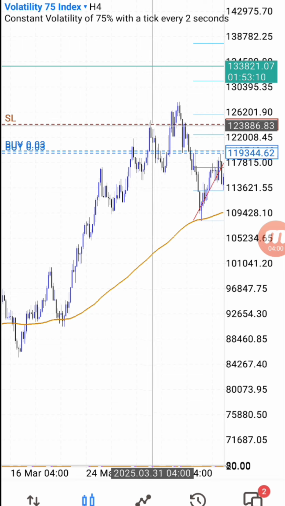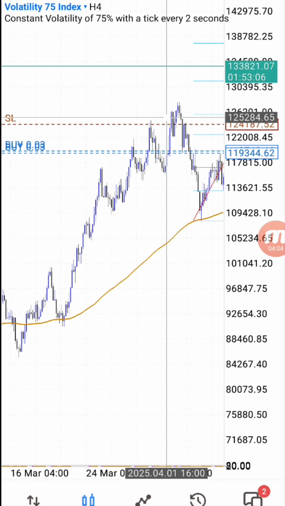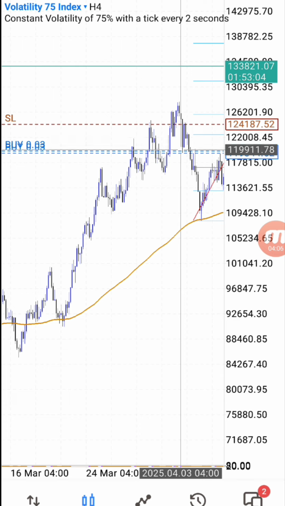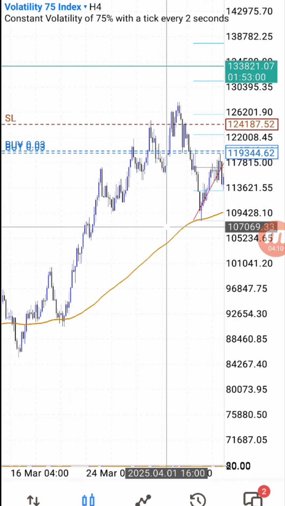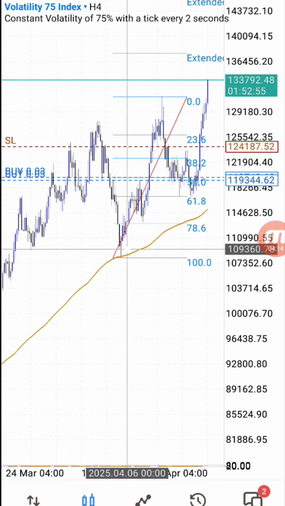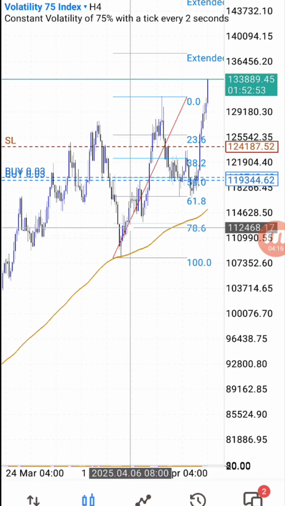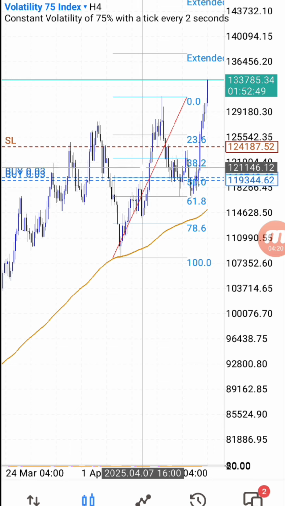It moved up again, came back, and that place still served as a support before it finally broke, and then it came back and broke it. Now this was where it didn't continue going down again, and then it moved up to that level. It struggled, and then later broke it.